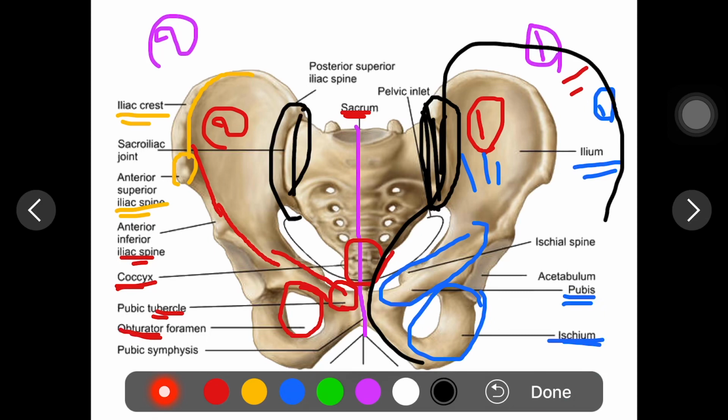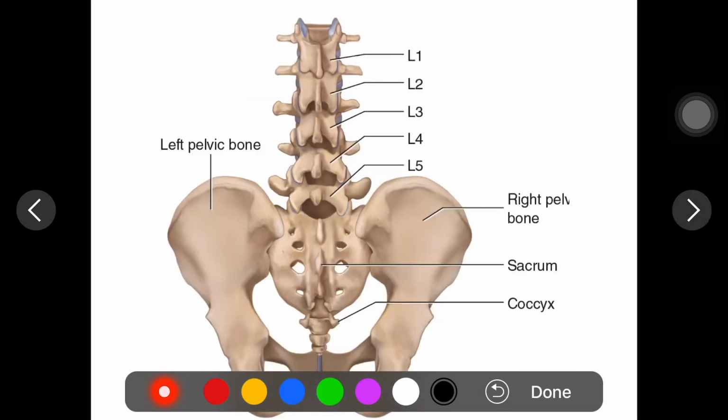The second is the pubic symphysis. This cartilage makes the two pubic bones attach to each other, and the sacroiliac joint makes the ilium and sacrum closely attached, so the pelvis will not fall apart.